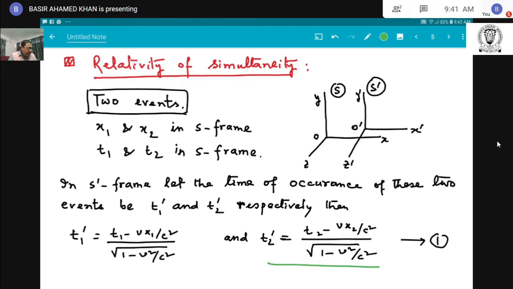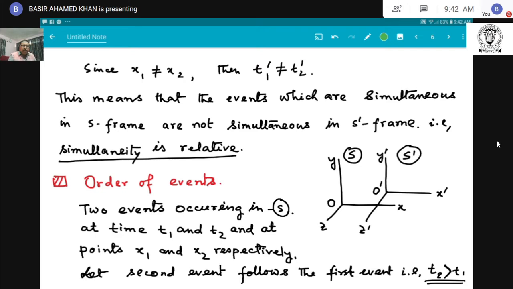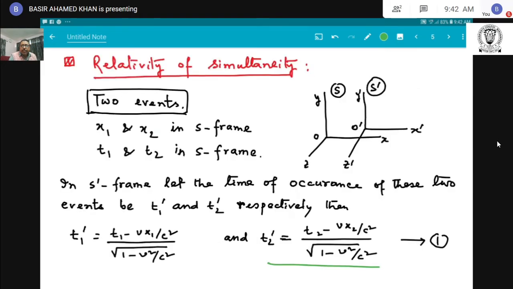Now if I consider these two events occur in S frame at the same time, that means they occur simultaneously.